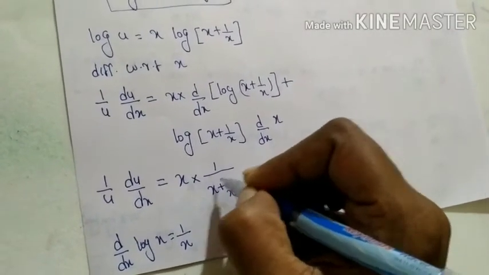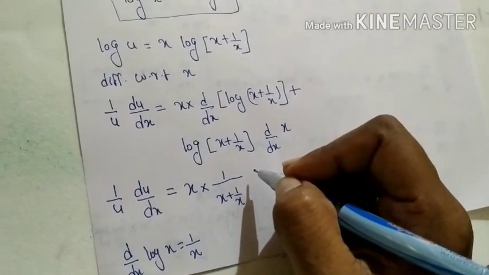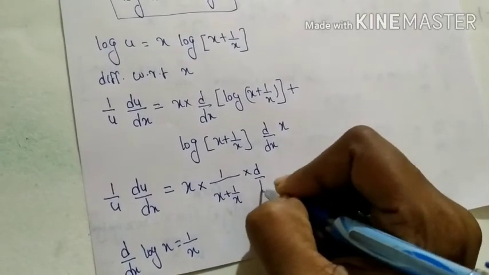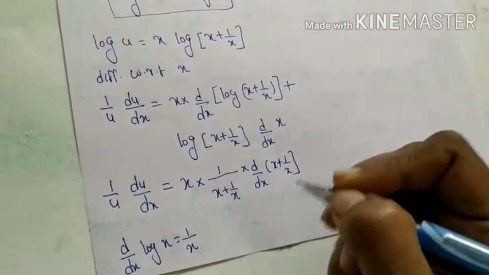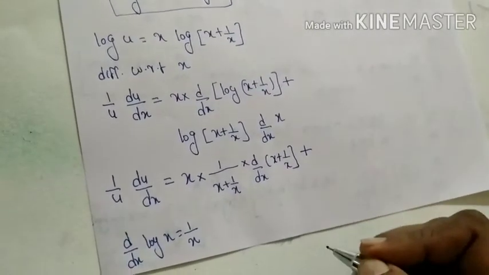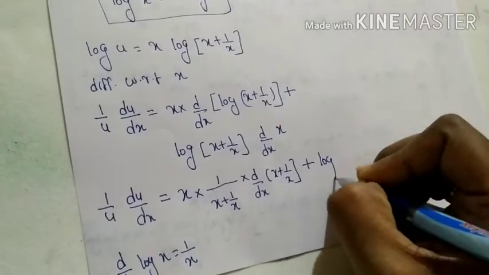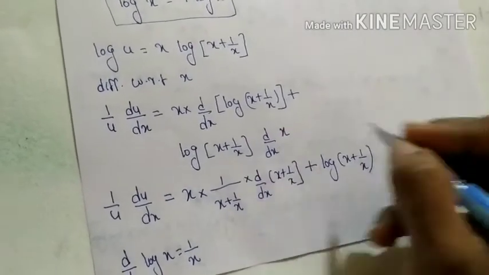Here x plus 1 by x is again a function, so again we use the chain rule here. So we need to find the derivative of x plus 1 by x, plus log of (x plus 1 by x) into derivative of x, which is 1.